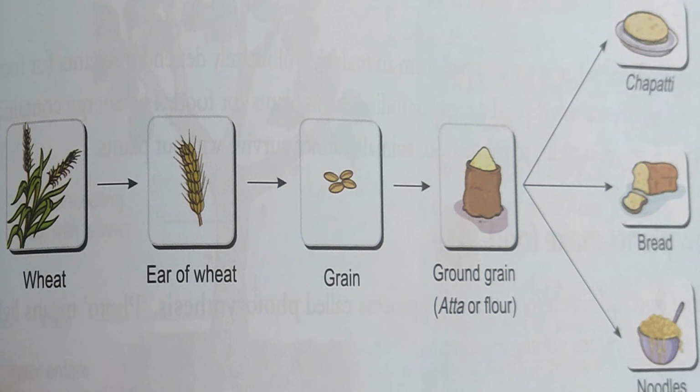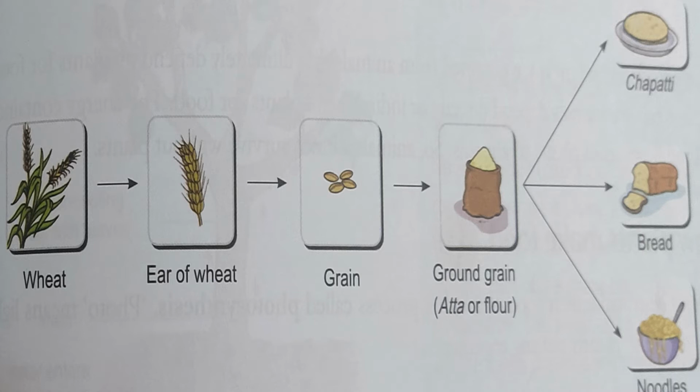See this image, children. What is there in this image? Wheat, ear of wheat, grain, ground grain, that means atta or flour, and chapati, bread and noodles. What have you observed in this picture? We get the ear of wheat from the wheat plant. Ear of wheat is the grain bearing tip part of the stem.